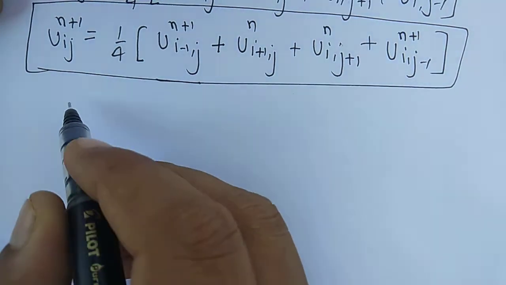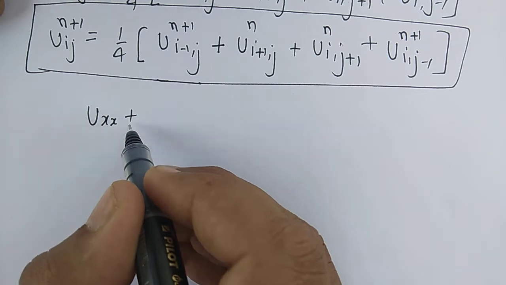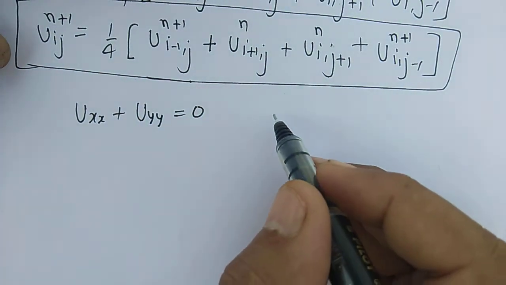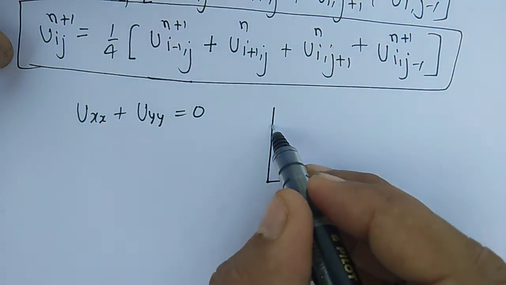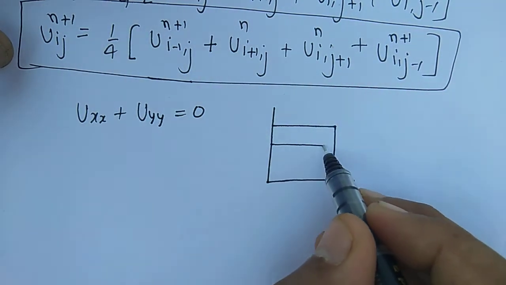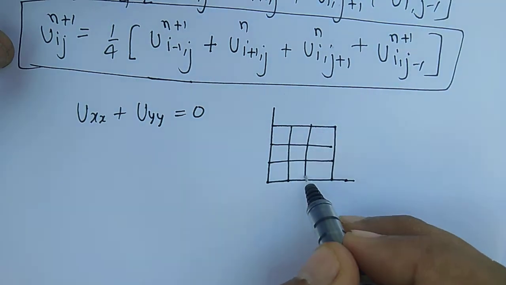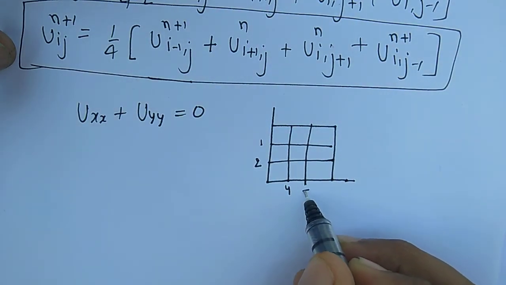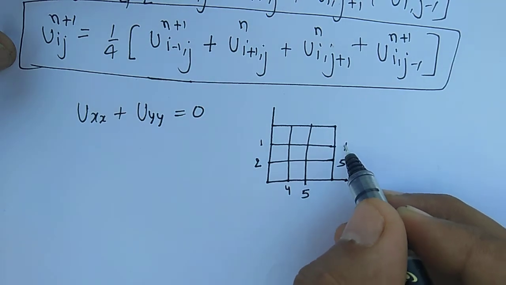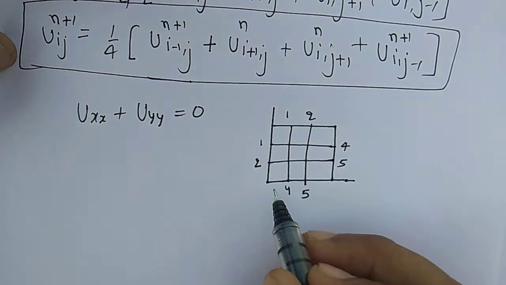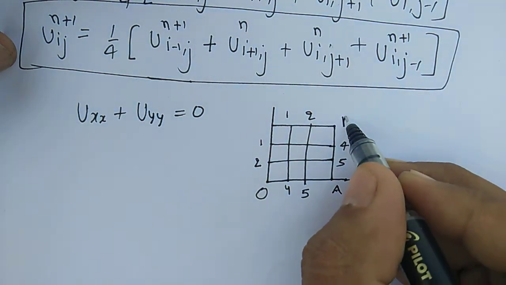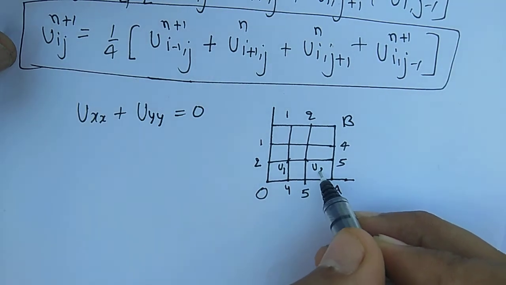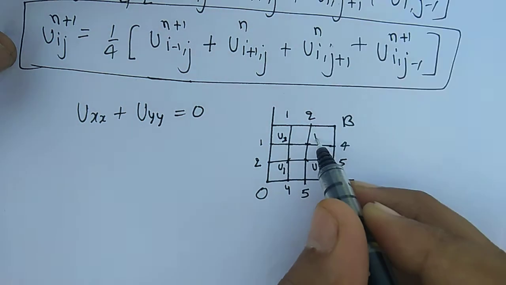The question is, solve the Laplace equation uxx plus uyy equal to 0 for the domain that is given, with boundary values 1, 2, 4, 5, 5, 4, 1, 2 on O A B C. Let this point value be u1, this is u2, this is u3, this is u4.